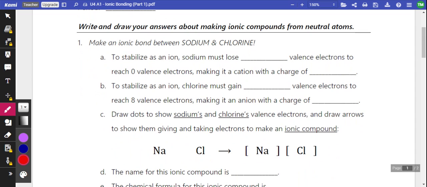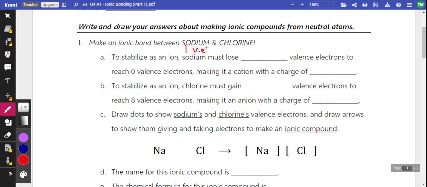And again, we're going to see this trend usually between a combination of a metal and a nonmetal. So sodium, to stabilize as an ion, is going to end up losing some valence electrons, as a lot of metals do. Sodium starts with 1 valence electron.